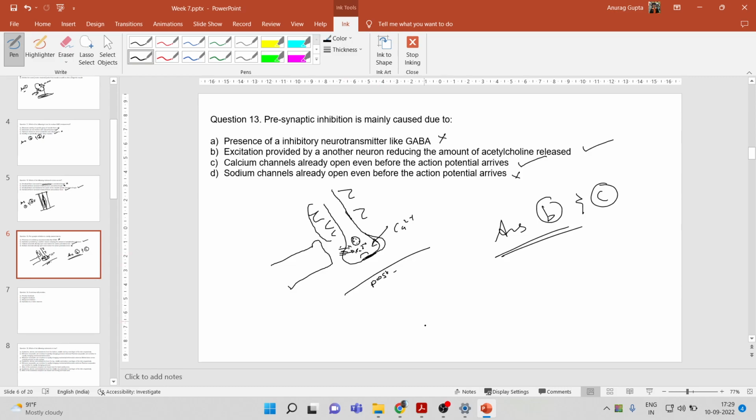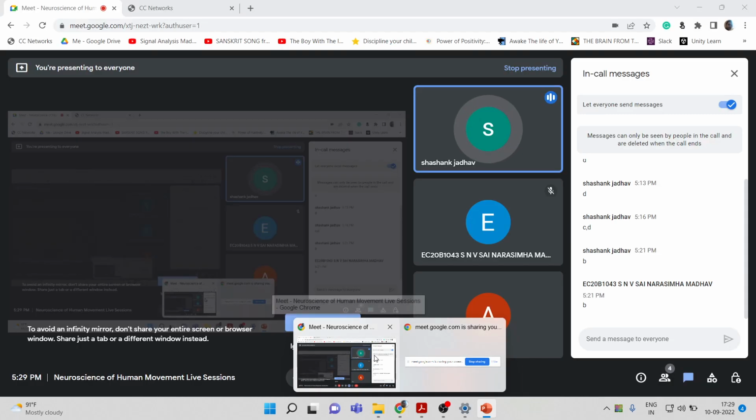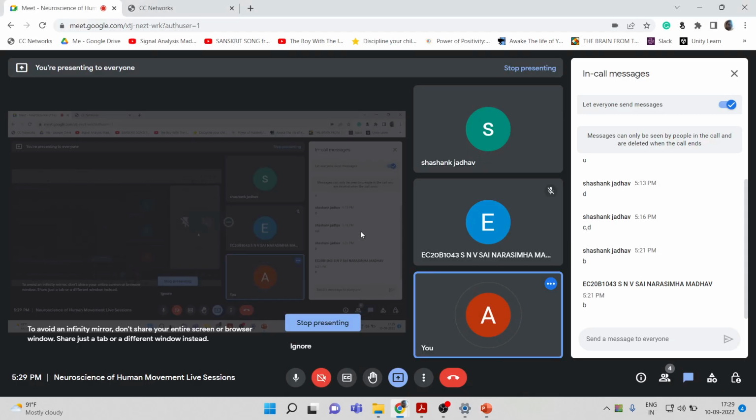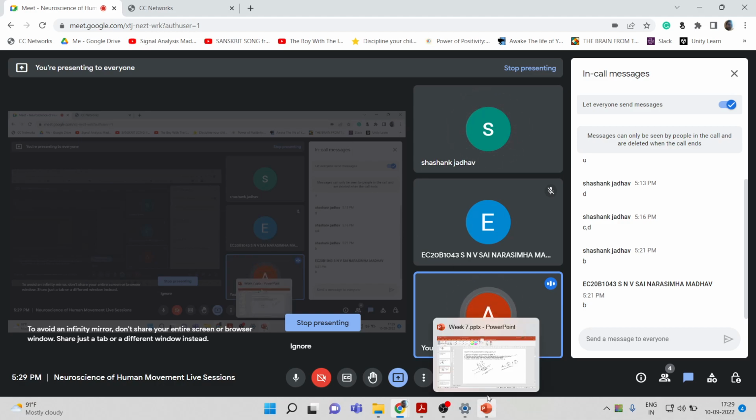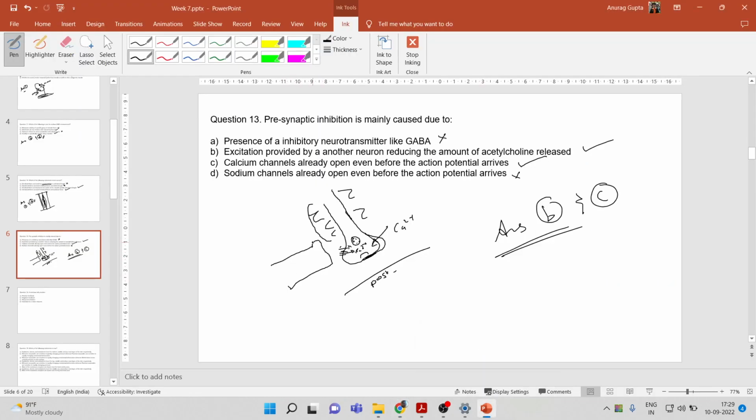Are you able to understand what I'm saying? Yeah, slightly difficult to. So what I'm basically trying to say is, initially when the presynaptic neuron excites this, it causes a depolarization here.